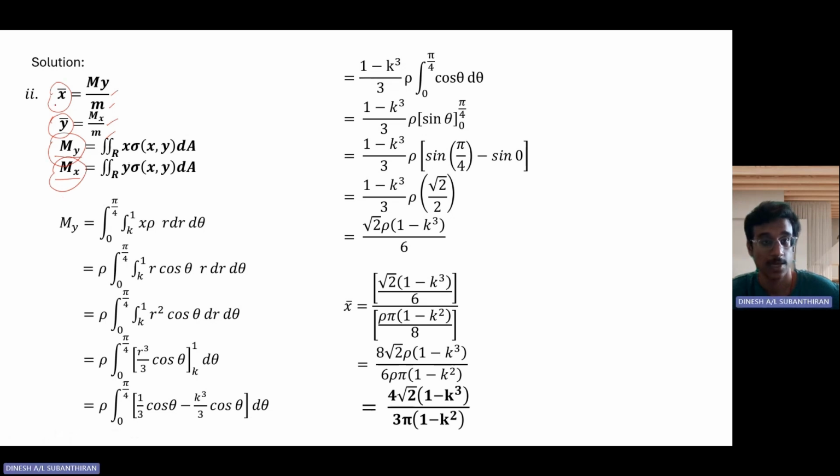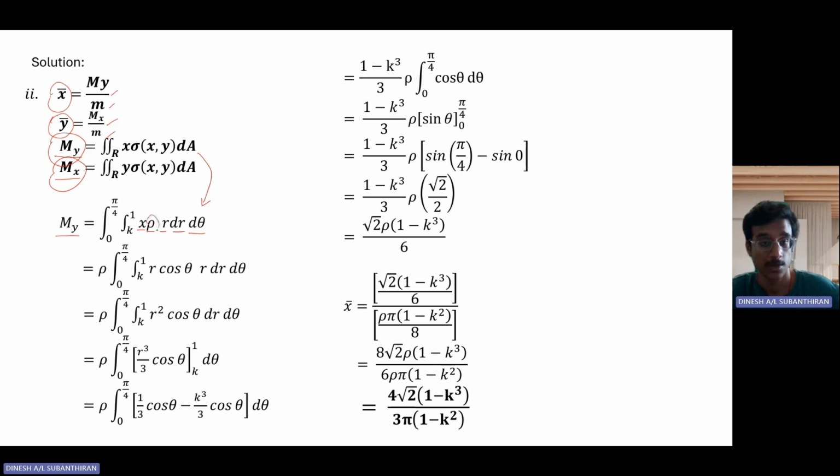So now we have to find x̄. First we have to find the My value. So My will be equal to the double integral of x, ρ, r dr dθ. So dA will change to r dr dθ, since we need it to be in polar form.